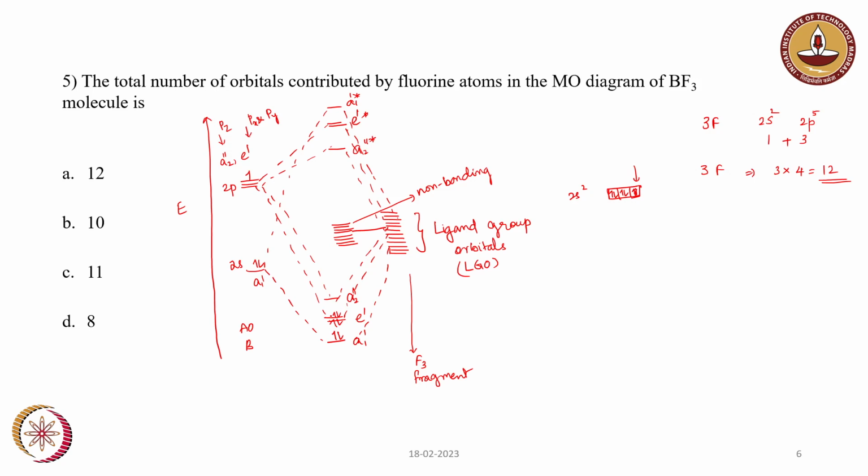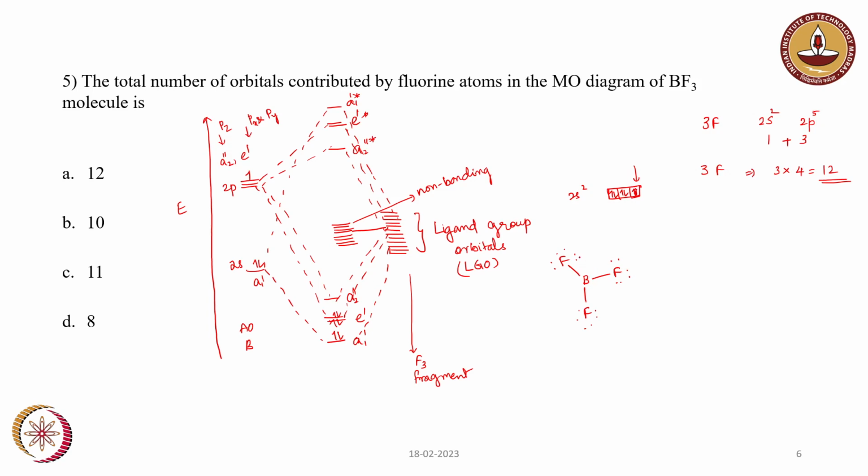This is the Lewis structure for BF3, and each fluorine will have 3 lone pairs of electrons around it, and boron has only 6 bond pair electrons.